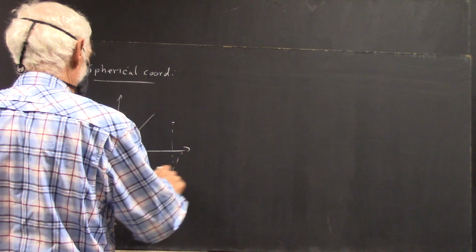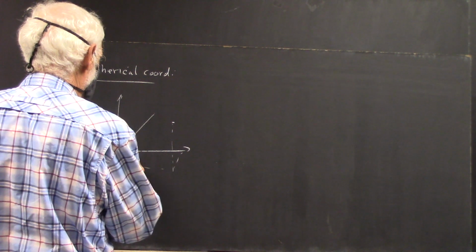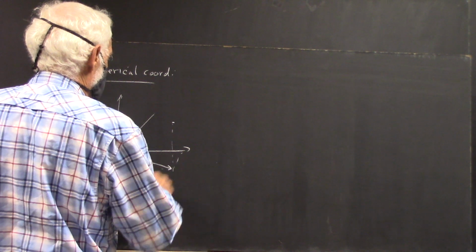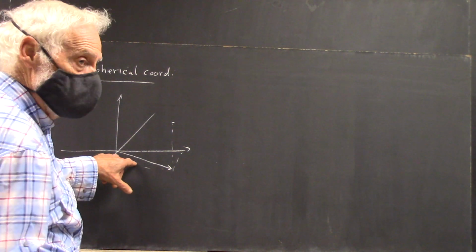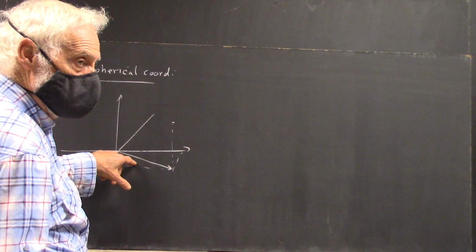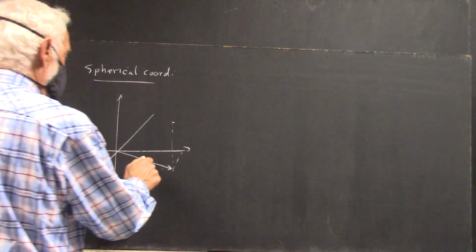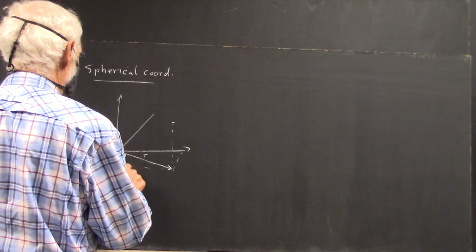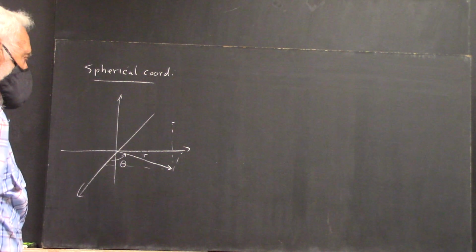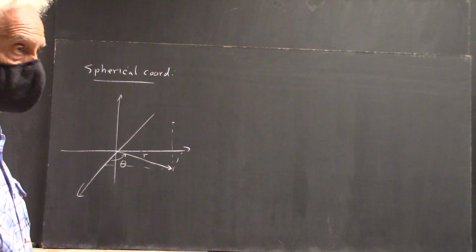We'll project it down into the plane. And we're going to get our usual cylindrical coordinates, R and theta. Okay?